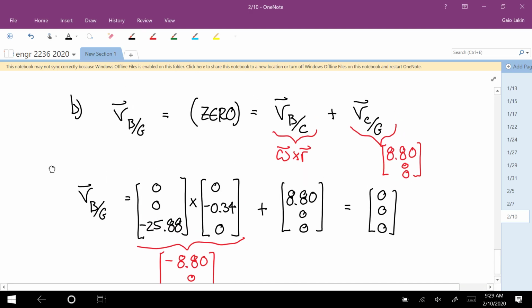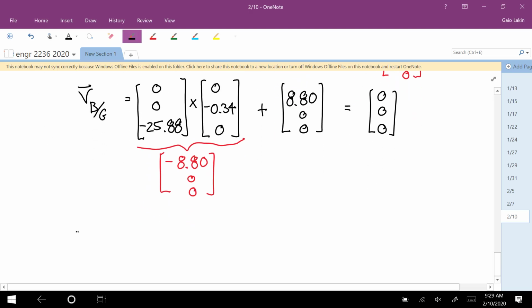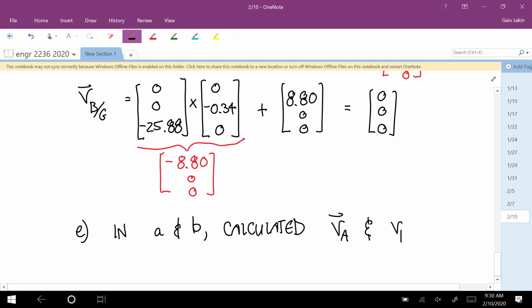Okay, and the last question, E, is conceptual, and it says: in parts A and B, we calculated VA and VB.